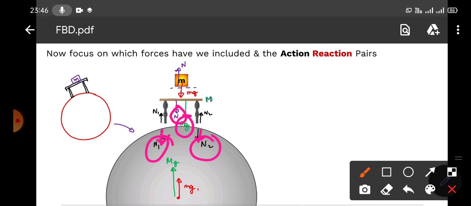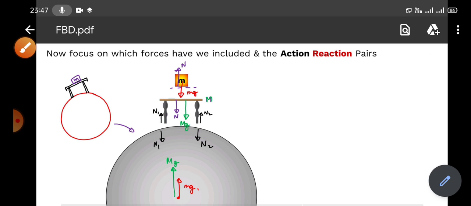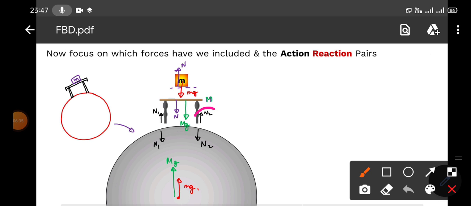Since this stand is applying force N1 on the ground, the ground is also applying normal reaction N1 on this stand of the table. And this stand is also facing N2, the normal reaction force applied by the ground on the second stand of the table.